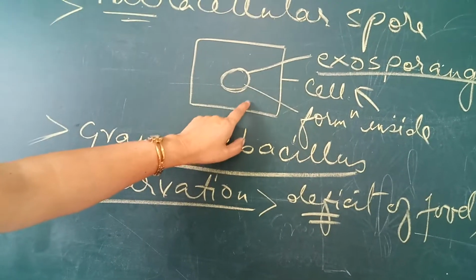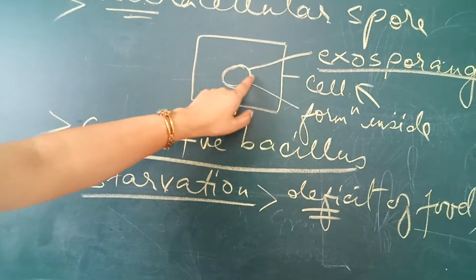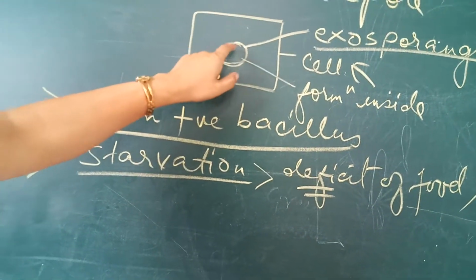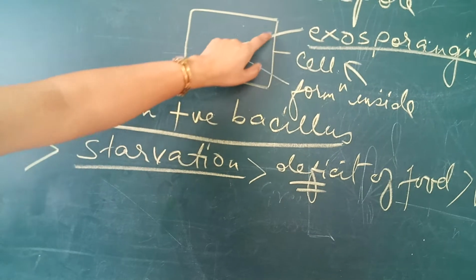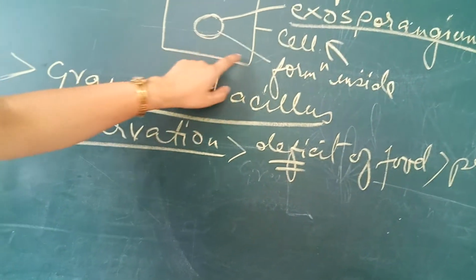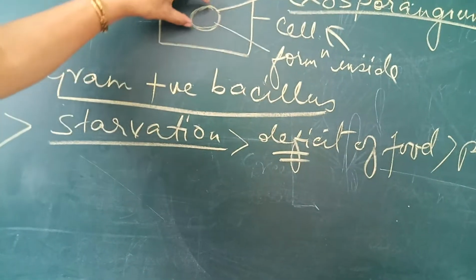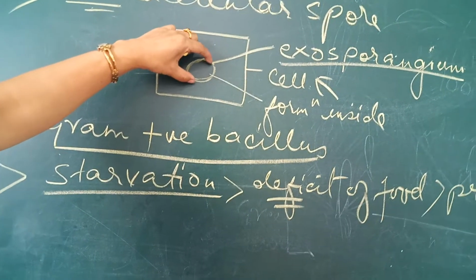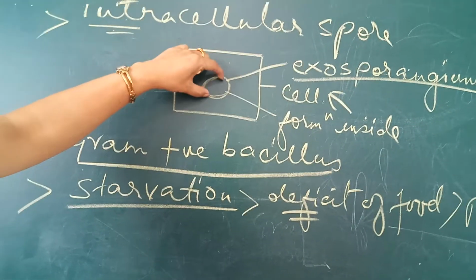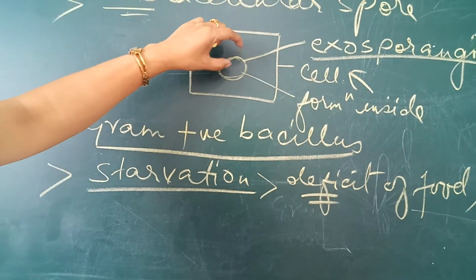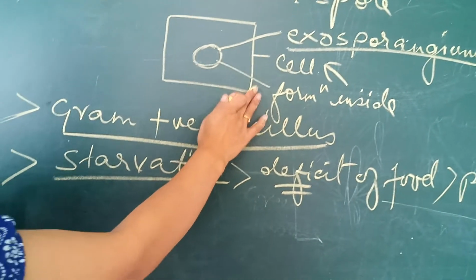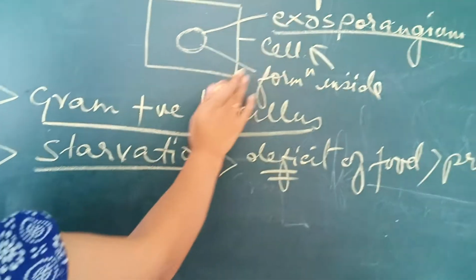It will survive by forming an endospore inside the cell. And instead of living in this huge room, that is the cell, the bacteria will confine its life to this single small room inside, and that is known as the endospore or the exosporangium.